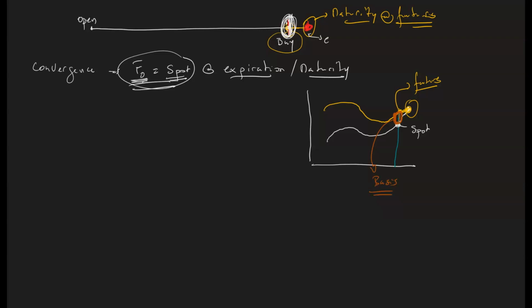And basis is the difference between spot minus futures. And the uncertainty with respect to this difference is what we refer to as basis risk.